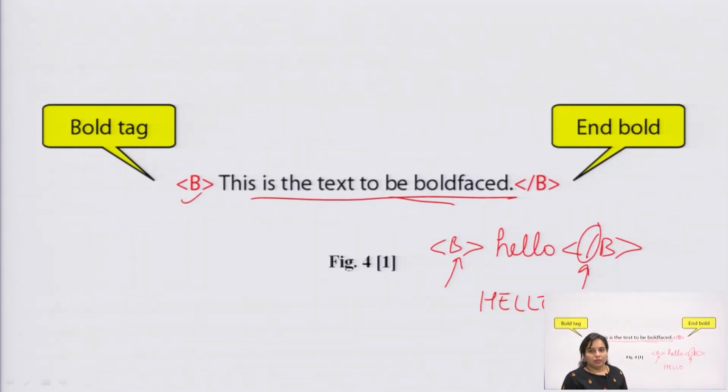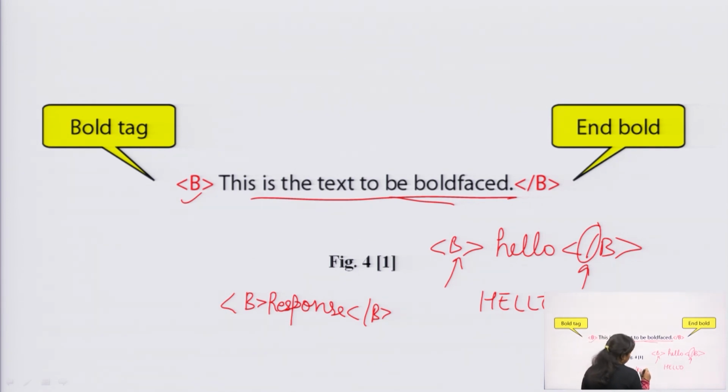So, in this one we have discussed how the web page has to be designed. I want to add some more information about how the web page has to be written. Like if I am writing this command, like response line, which means this particular data has to be bold and this has to be written as it is.